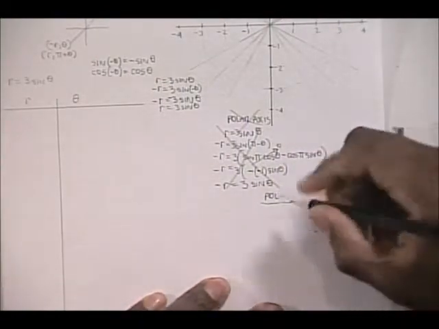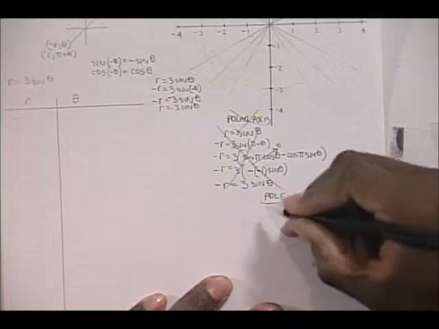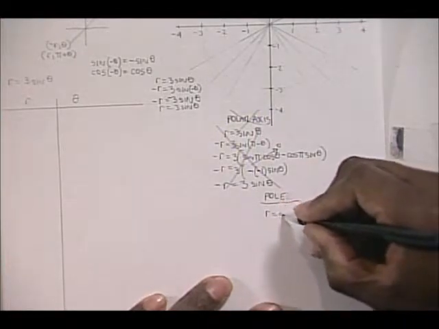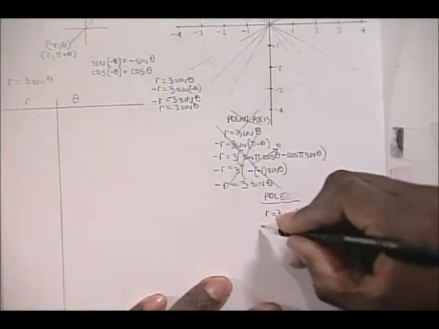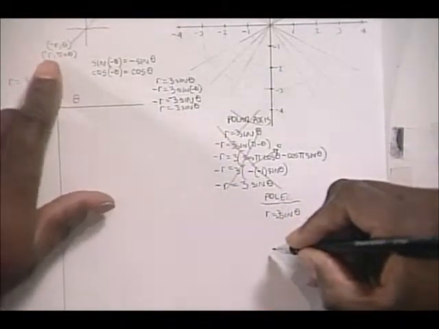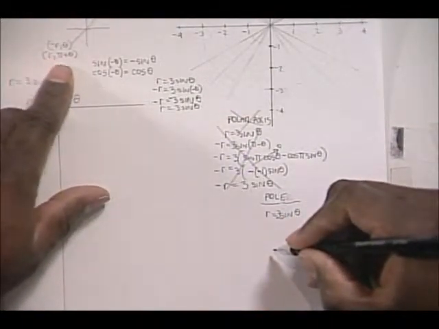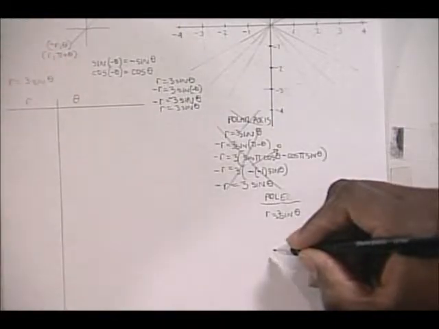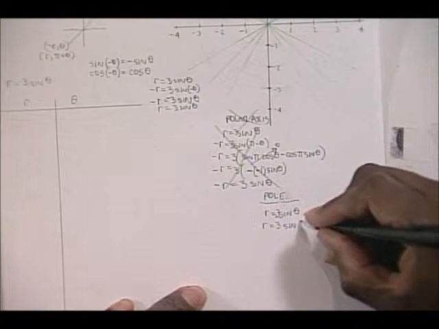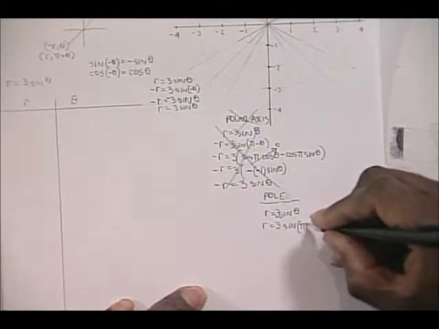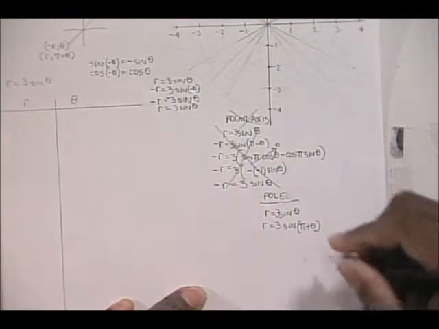All right, so let's start with our original equation once again. r = 3 sin θ. Let's substitute in r and π plus θ. r is equal to 3 sin(π + θ).